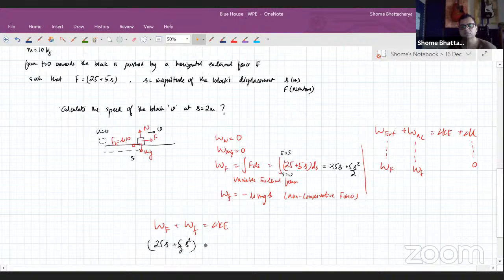Whereas this thing will be minus 0.2 into 10 into 10 into s, so minus 20s, is equal to half mv square, because the initial speed was 0. So this is our formula. Finally, half mv square is equal to 25 minus 20, that is 5s, plus 5 by 2 s square.